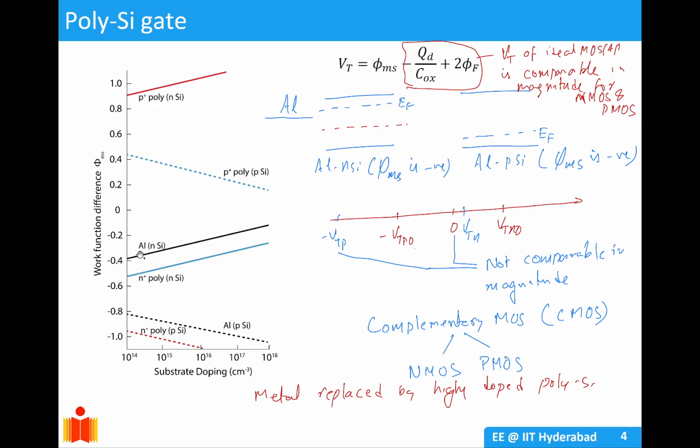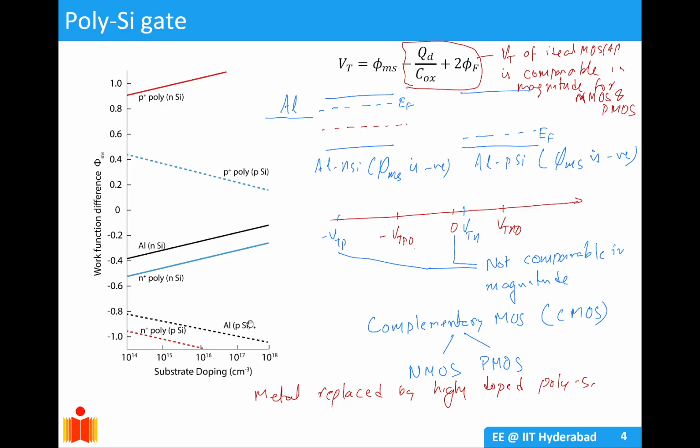So if my gate metal is aluminum and my substrate is N type, N doped silicon, for 10 power 14 doping of the substrate, I will have a work function difference of minus 0.4, which will approach zero as I increase the doping of the substrate.